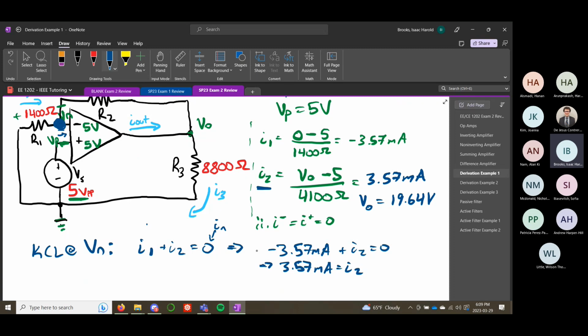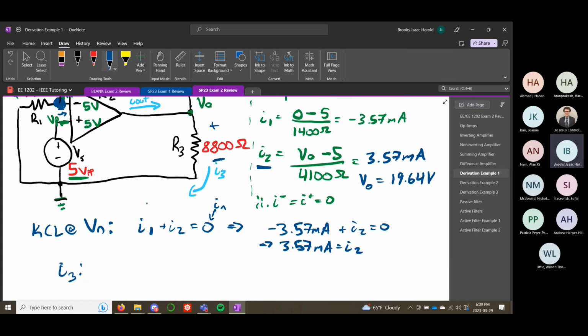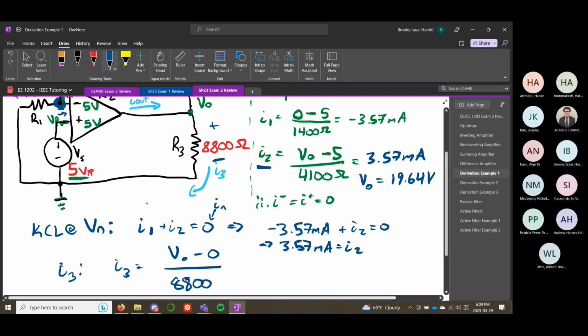And then finally, if we want to find I3, we can look at the current through R3, plus minus here. We can say that I3 equals V out minus ground, which is 0, over 8,800 ohms, which is 19.64 over 8,800.